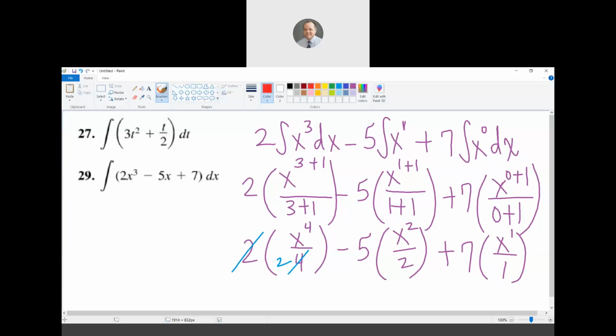And let's get our final answer: x to the 4th over 2 minus 5x squared over 2 plus just 7x. And don't forget your plus c.